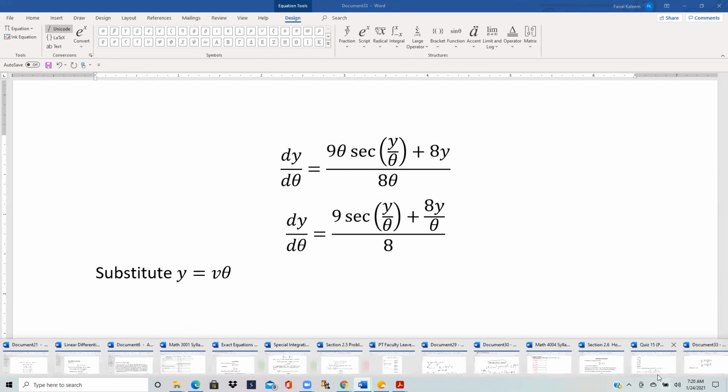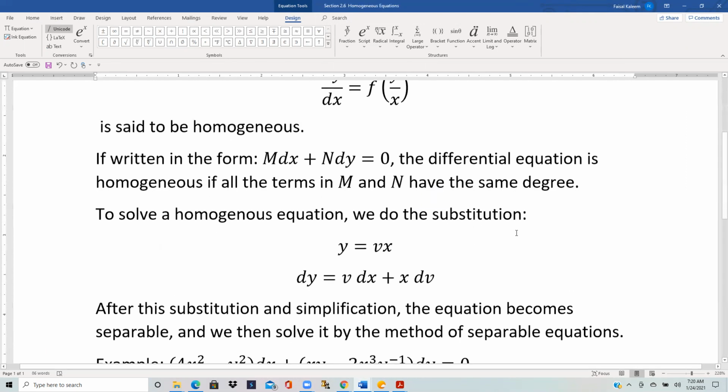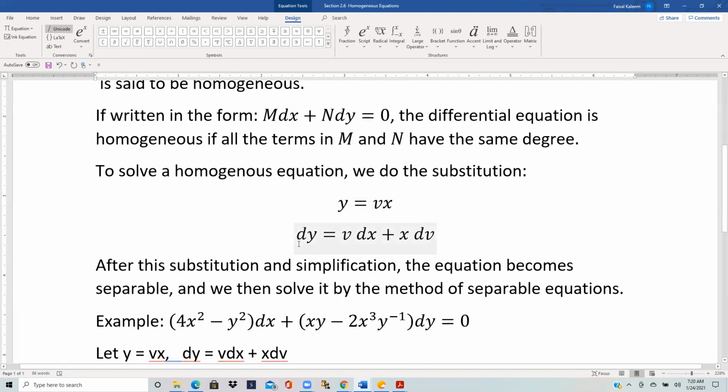And then after that, the next step was, we go back to that page. The next step was that the dy became v dx plus x dv. And then we do these substitutions in the given equation and turn it into a separable equation.